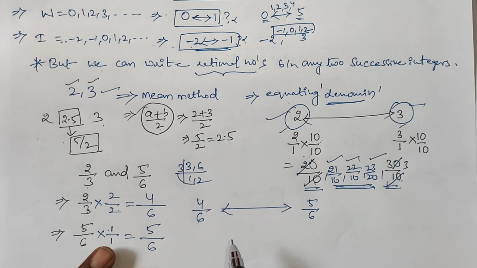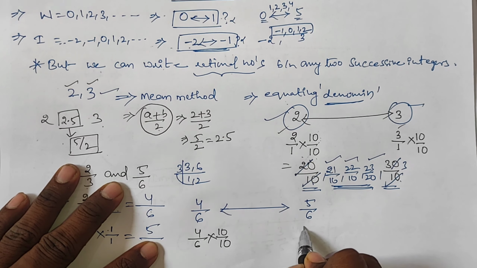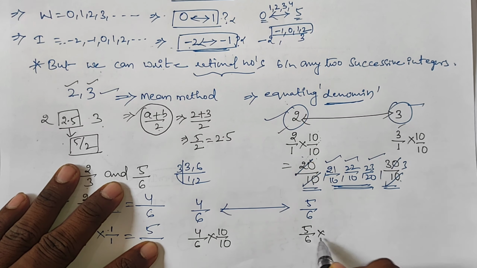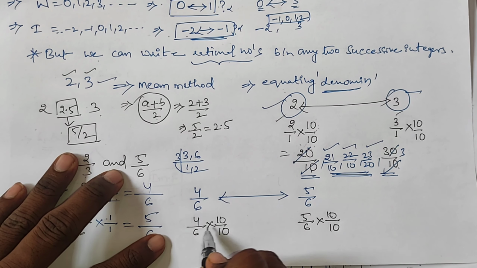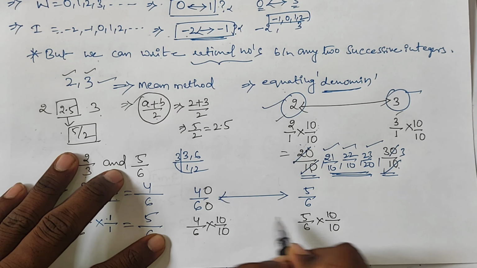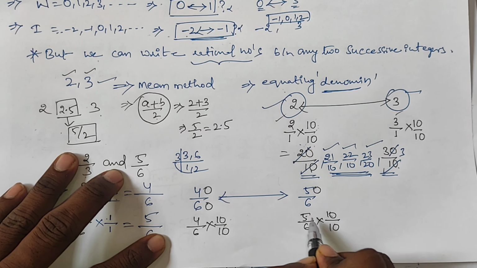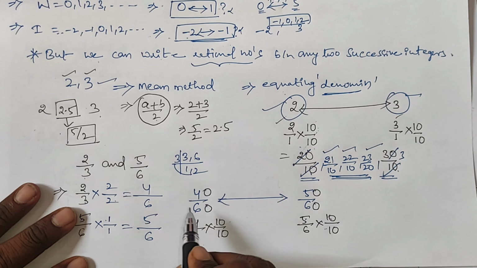Multiplying each by 10/10, we get 40/60 and 50/60.